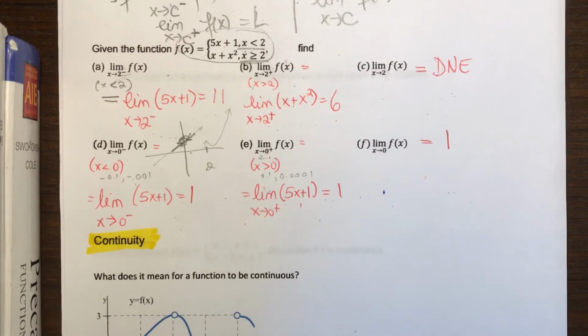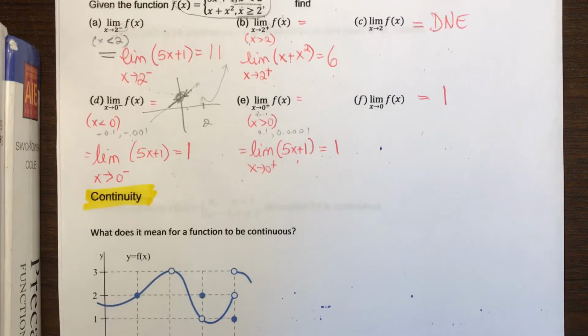Continuity. What does it mean for a function to be continuous? Well, we already talked about it a little bit, and what we said is that a function really is continuous if the graph goes right through.